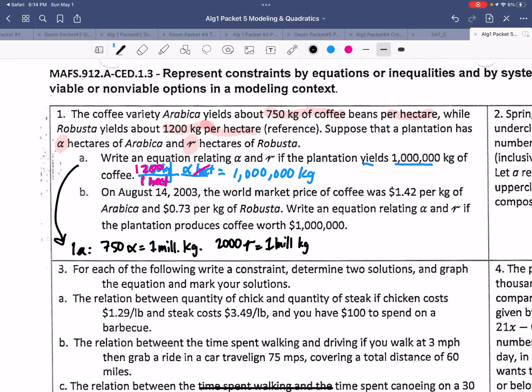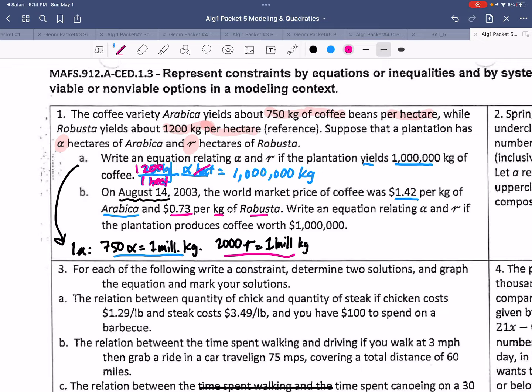Now it says on August 14th, that's interesting, that's my birthday. On August 14th, the world market price of coffee was $1.42 per kilogram of Arabica, so this is the first kind, and 73 cents per kilogram of Robusta.